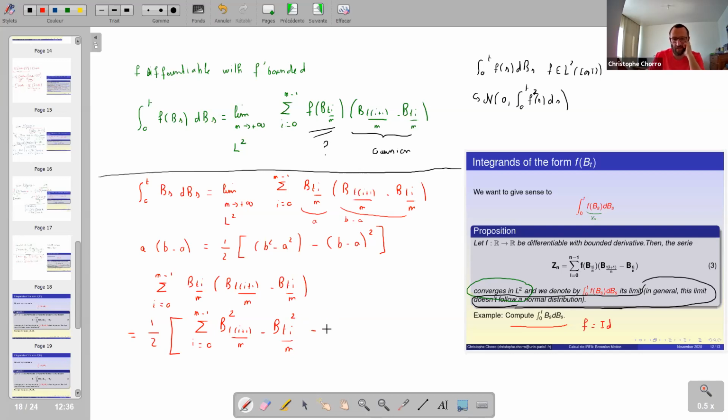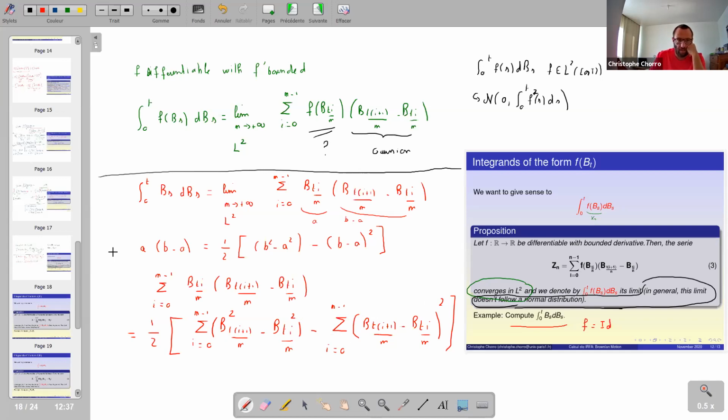And then I have minus the sum of the square of the difference, b(t(i+1)/n) minus b(ti/n), squared. So if I want to find the limit in L2 of this one, I have to find the limit in L2 of this sum and of this sum.